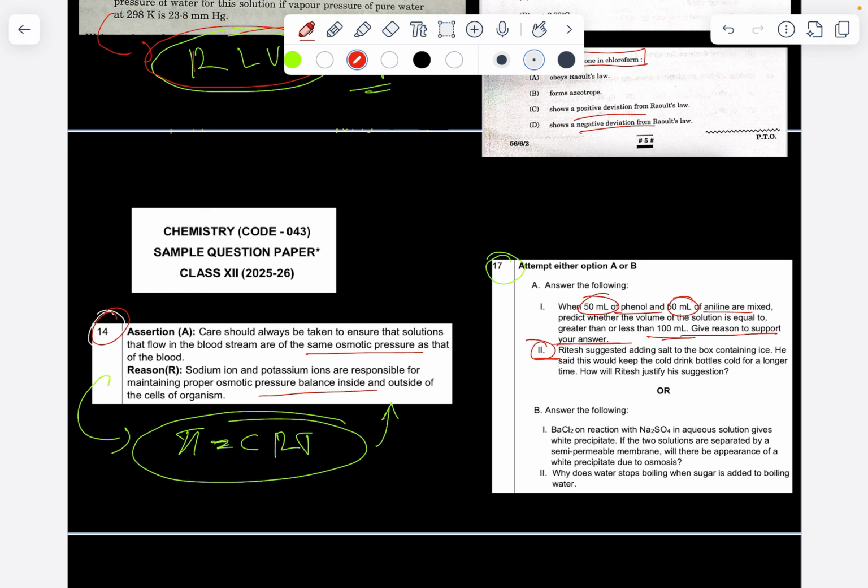Actually, Ritish and cold drink bottles are not seen in your NCERT, but the background of this question is the depression of freezing point. So only if you know the concept well can you analyze that. So what is my suggestion?